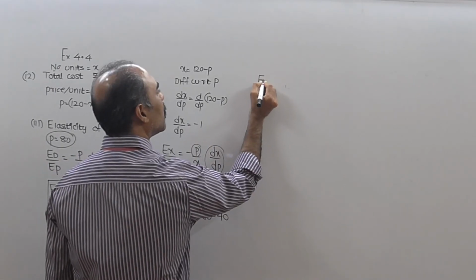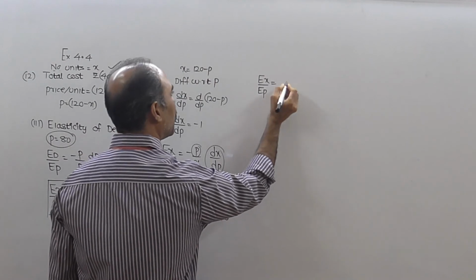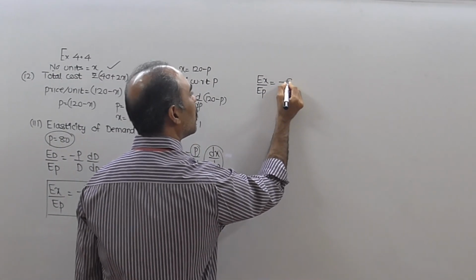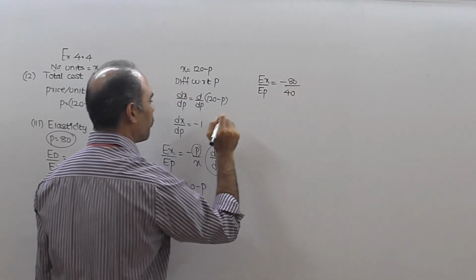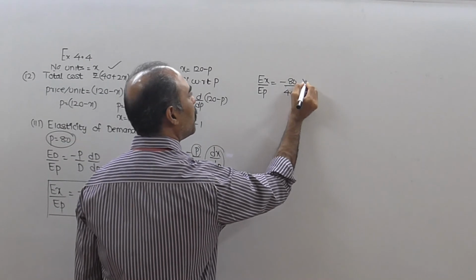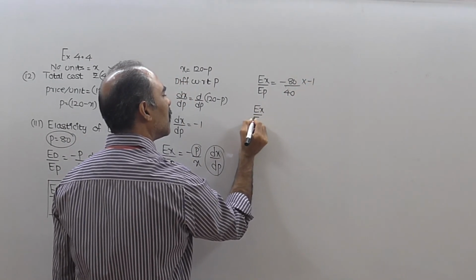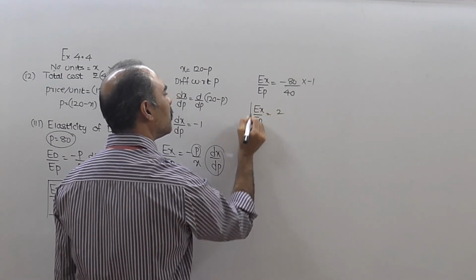So we get EX upon EP equal to minus P. P is how much? 80. X is 40, and dX upon dP is minus 1. So we get EX upon EP equal to 2.